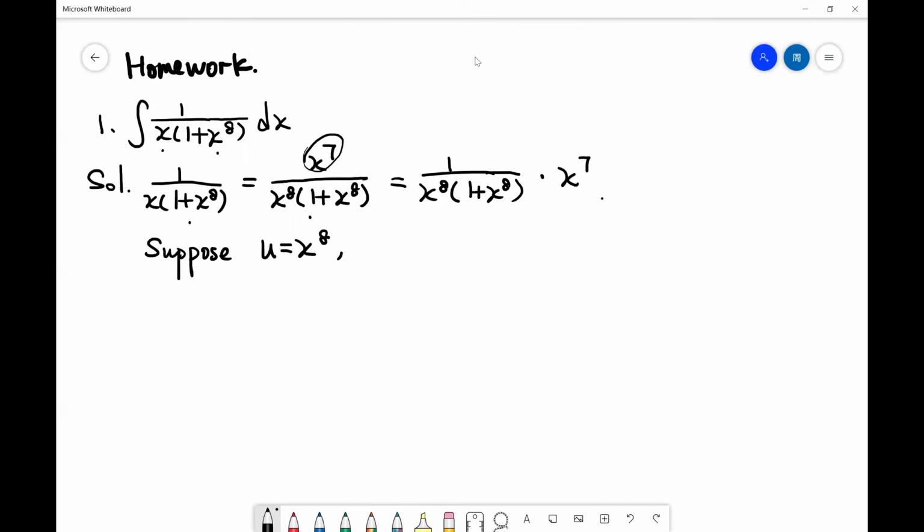Wait, let u equal x power 8, so this part is u, and this part is 1 plus u.